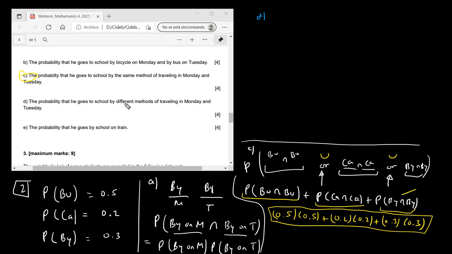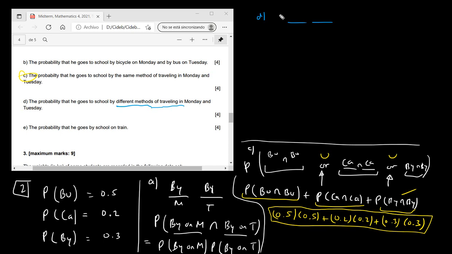The probability that he goes to school by different methods. Now, the difficulty with this, guys, is that if you attack it directly, it's going to take you a lot. It has a lot of combinations. You have 2 days, Monday and Tuesday, and since you have many ways to go to school, bus, car, and bicycle, you can have many different combinations.